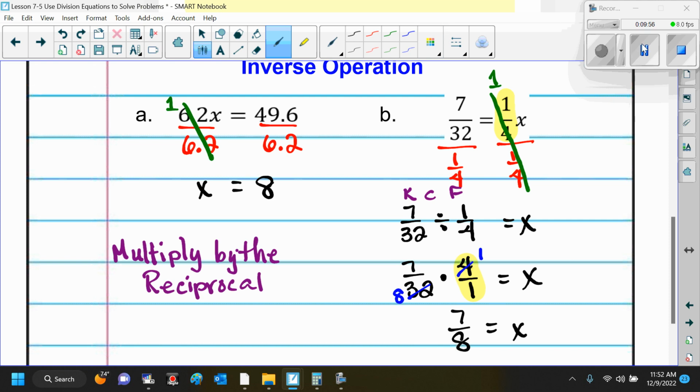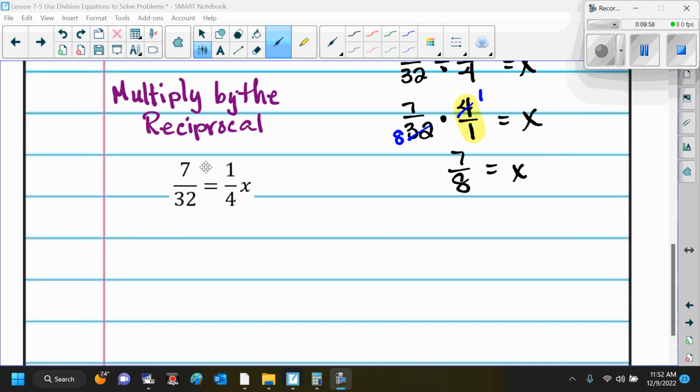All right. So we want to get rid of that 1/4. If I multiply this 1/4 by its reciprocal, right, the reciprocal is 4/1. So we'll multiply times 4/1 on this side.